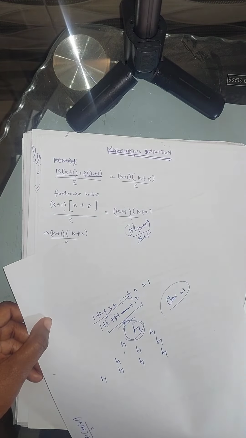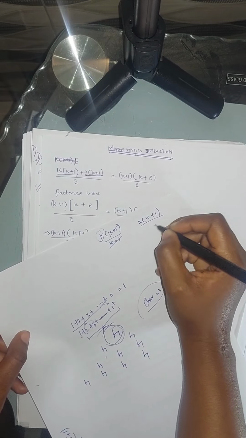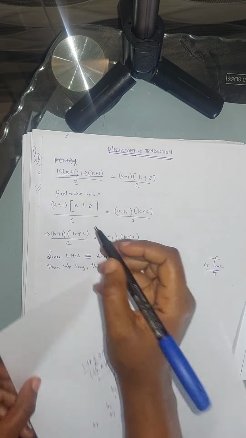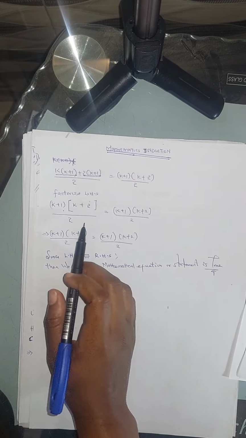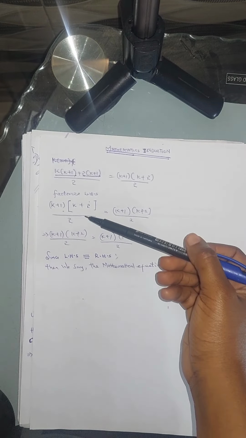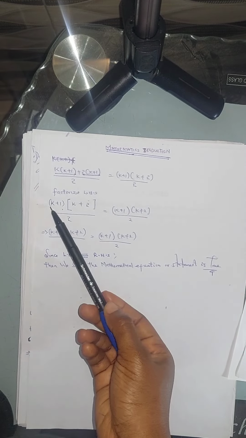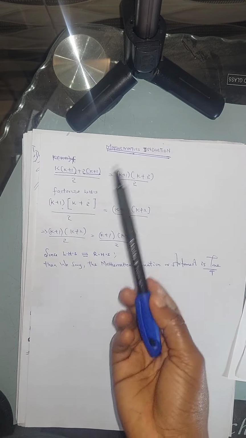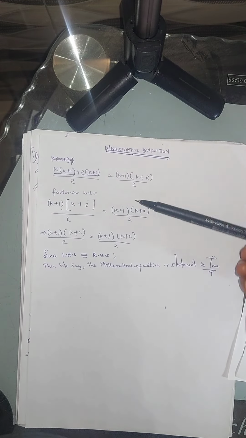K. Okay, for the second one, I have 2 k plus 1 divided by this k plus 1. I'll be left with what? 2. Can you see? That's why I have it to be k plus 1 into bracket k plus 2 over 2. Now the thing is, if you open this bracket, you have this back. So for you to check if you are correct or wrong, then you equals to our right hand side back.